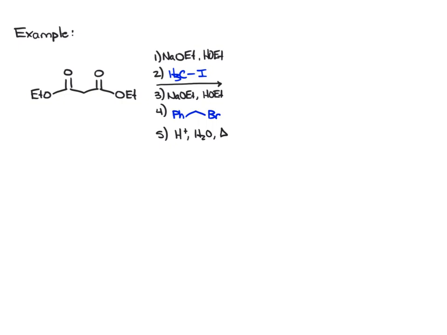So in this reaction, we treat it with base once, followed by iodomethane. So after steps 1 and 2, what we end up with is a methyl group added at the alpha carbon.